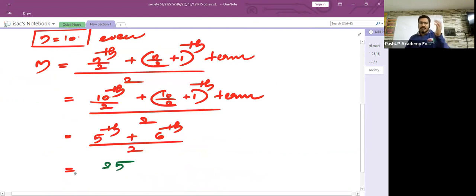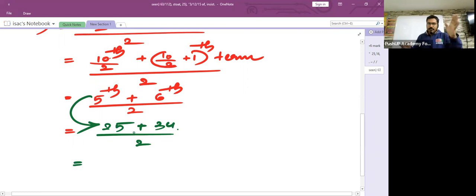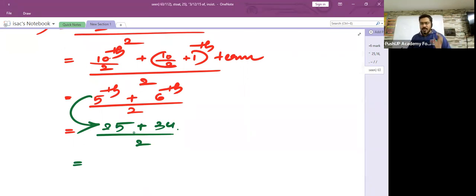So I will replace the 5th term with 25 and I will replace the 6th term with 34. I hope you all agree with this. So you get 25 plus 34 divided by 2. Children, I repeat, after looking at these observations, I got to know that in the arrangement, the value which comes in the 5th position is 25.